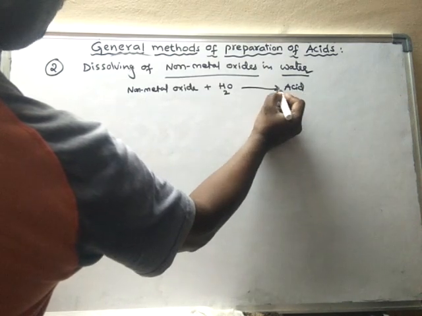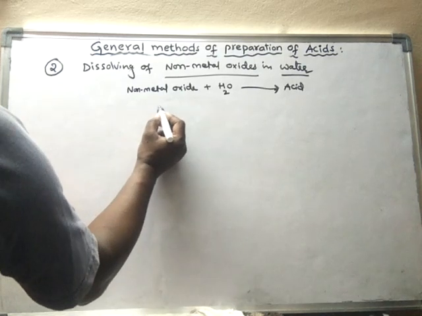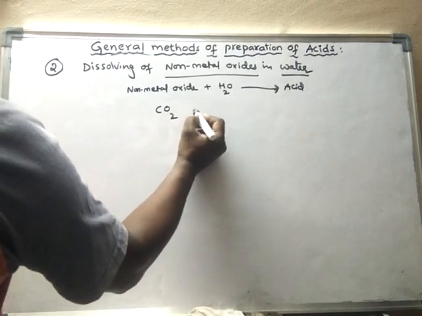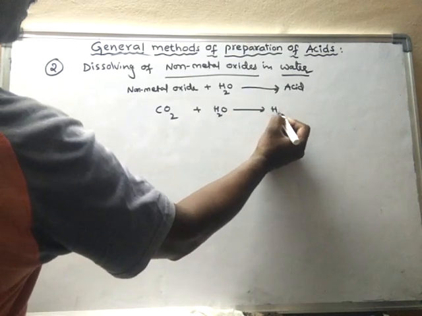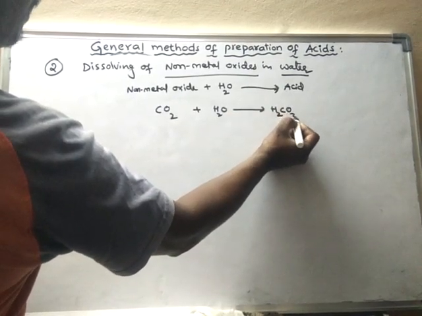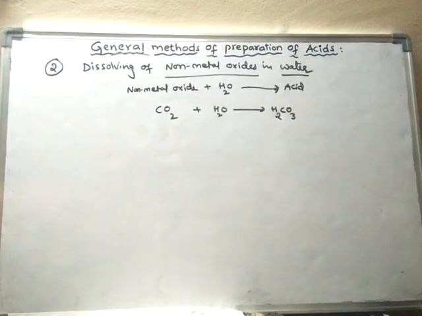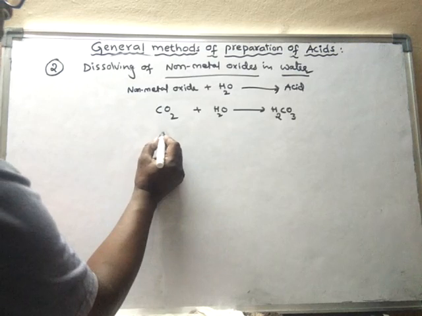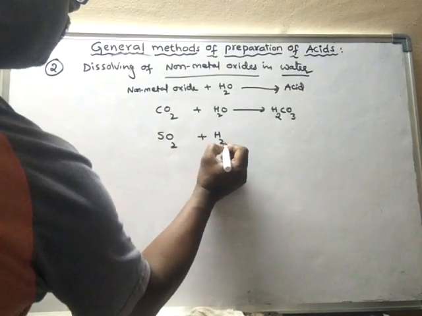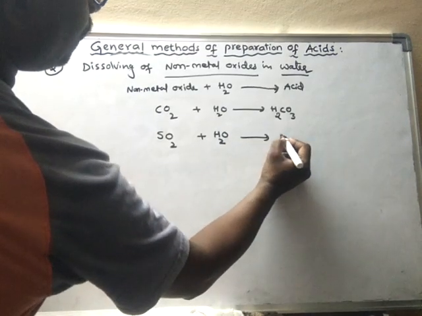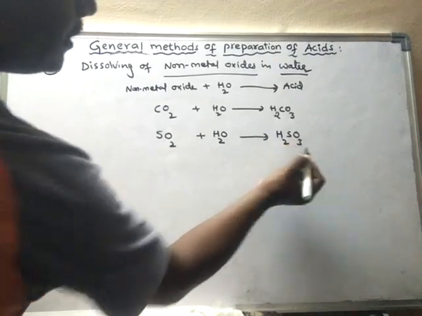One example is carbon dioxide dissolved in water, forming carbonic acid. Next is sulfur dioxide. When sulfur dioxide is dissolved in water, it forms sulfurous acid, H2SO3.